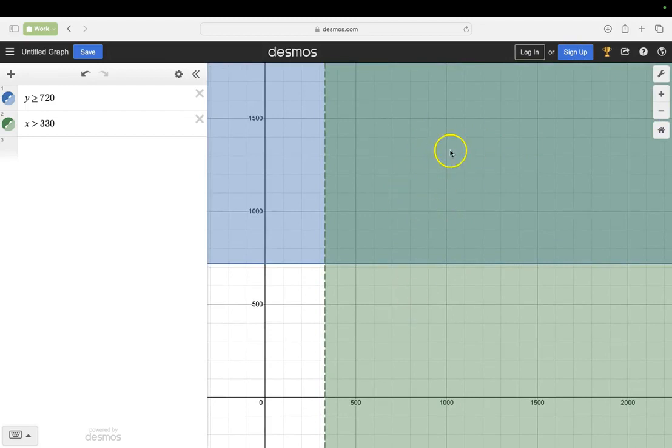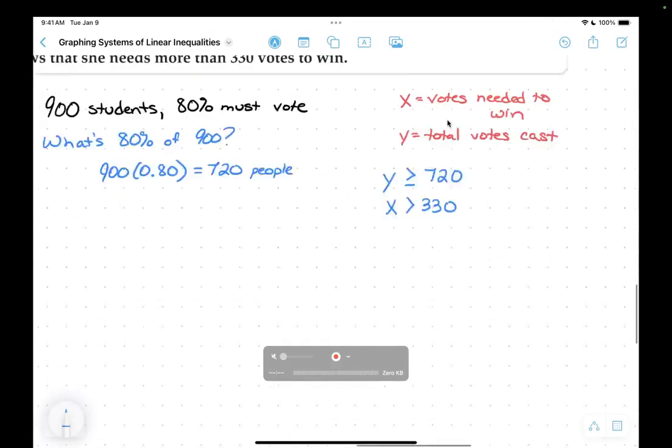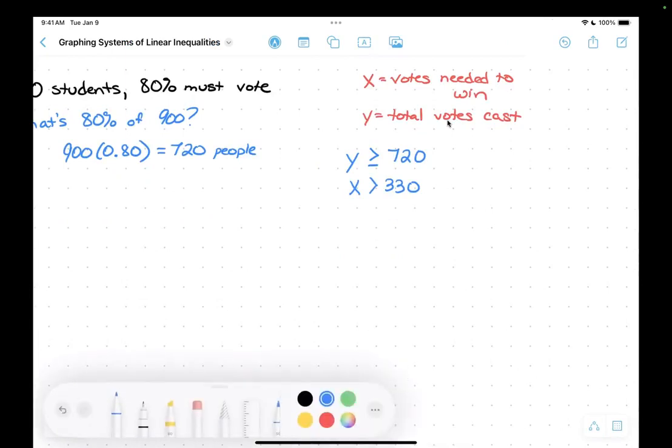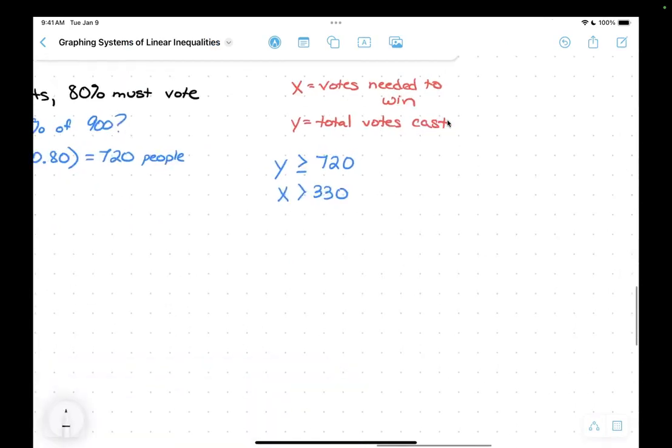Here's where we run into a problem. One of the points in this area is 1,000, 1,500. That's this point right here, the coordinate 1,000, 1,500. That is a point in this solution set. So just these two have the point 1,000, 1,500 in there. And this point does not make sense because we defined X as the number of votes she needed to win.